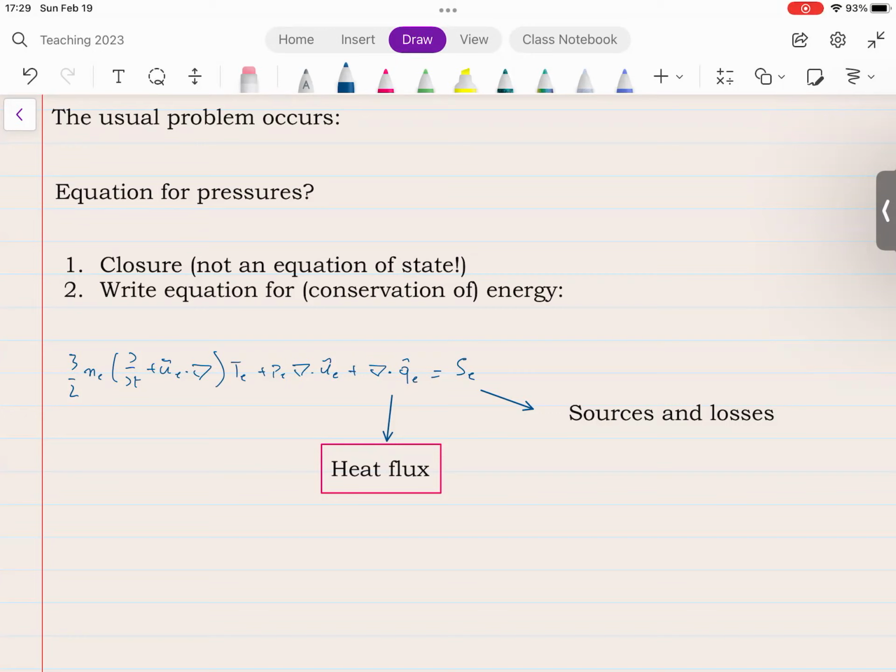And as you may know, every time I do this, I'm going to end up with some quantity that I need to find out from somewhere else. So at some point, you need to break the chain and say, I'm going to make an assumption for this quantity, and that's going to be it.